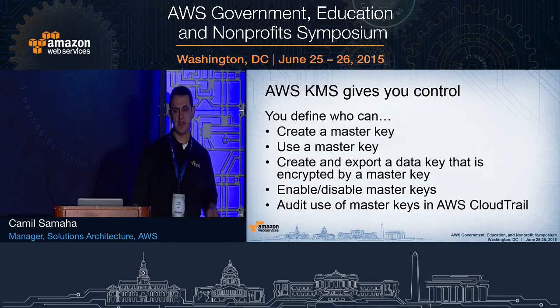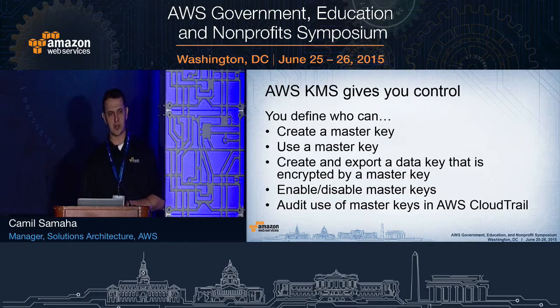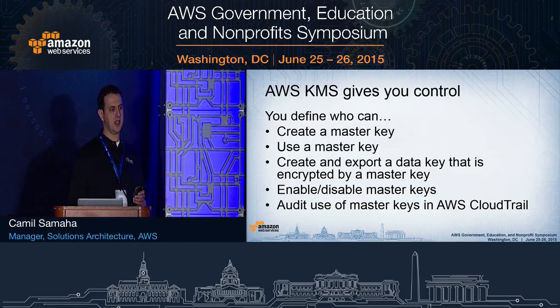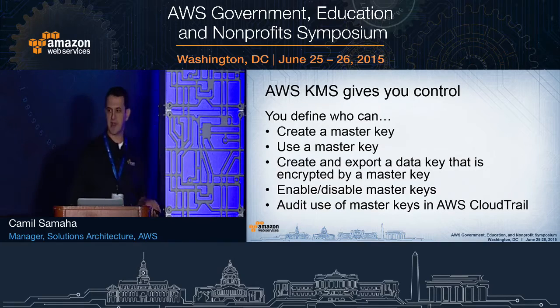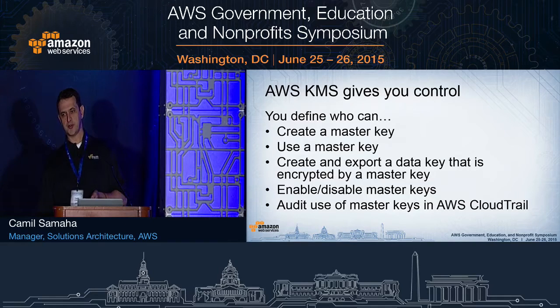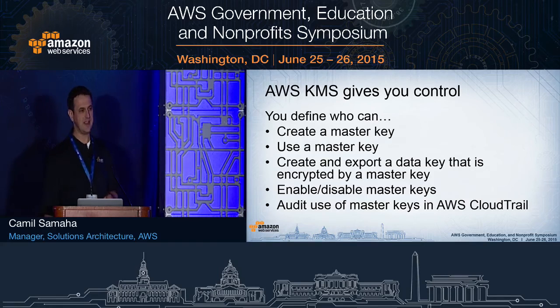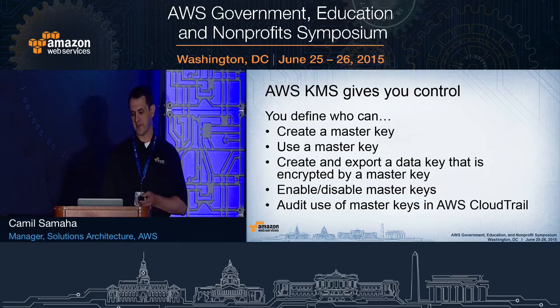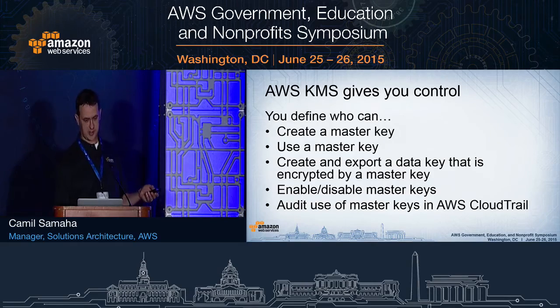So the KMS service is fully integrated with CloudTrail, which means it gives you full visibility and audit capabilities into your key management infrastructure. So I know when I talk to compliance and security people, they get quite excited when they see the level of visibility available through KMS. Okay?